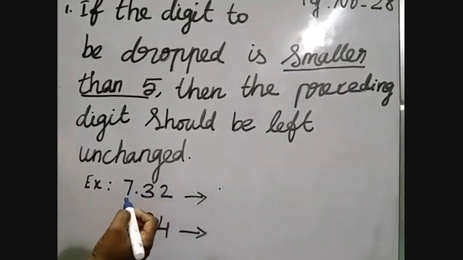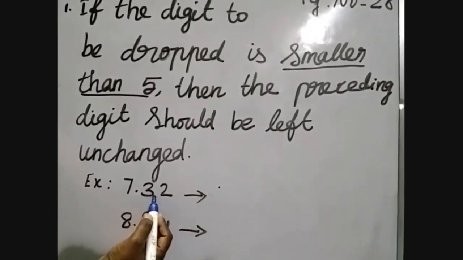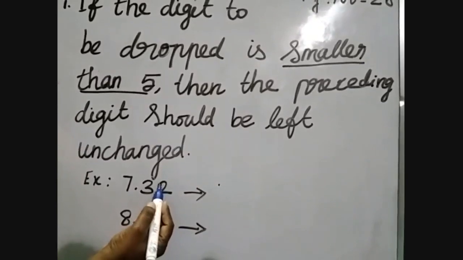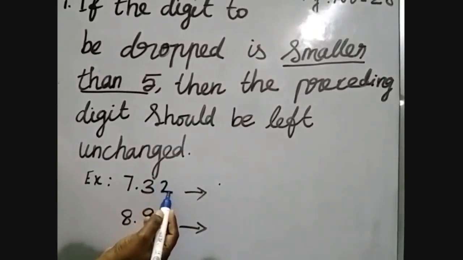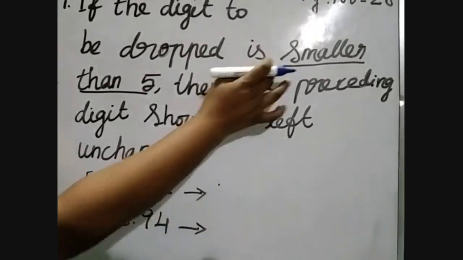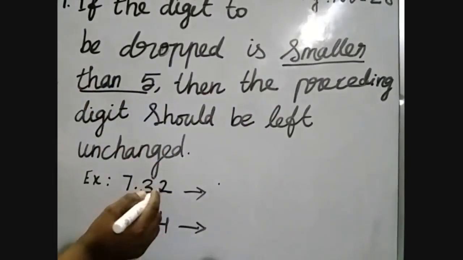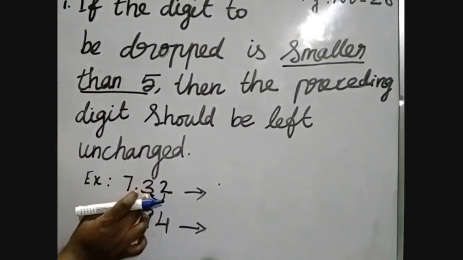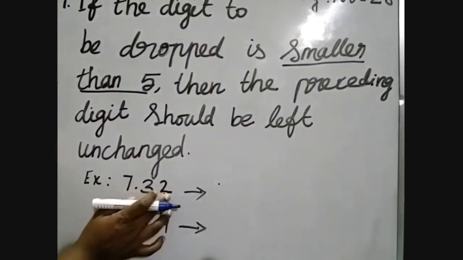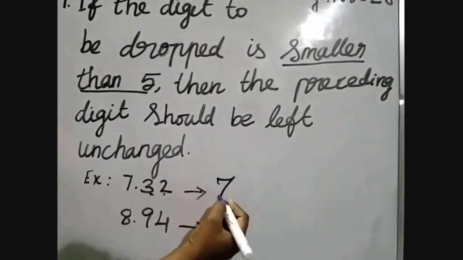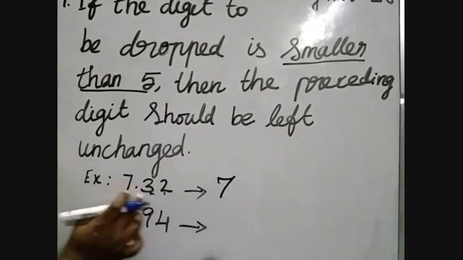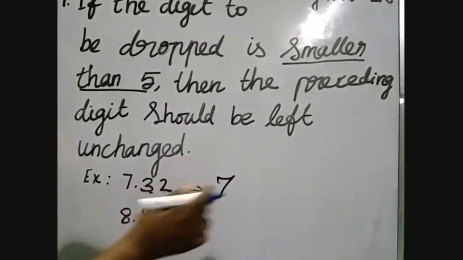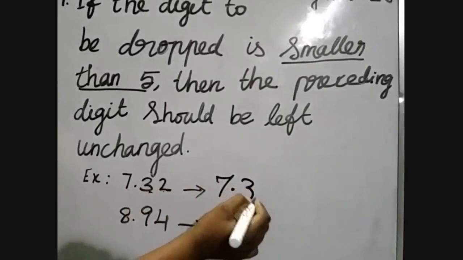Here the digit to be dropped is 2. This number is less than 5. So the preceding digit 3 should be left unchanged. So the rounding off of 7.32 is 7.3.